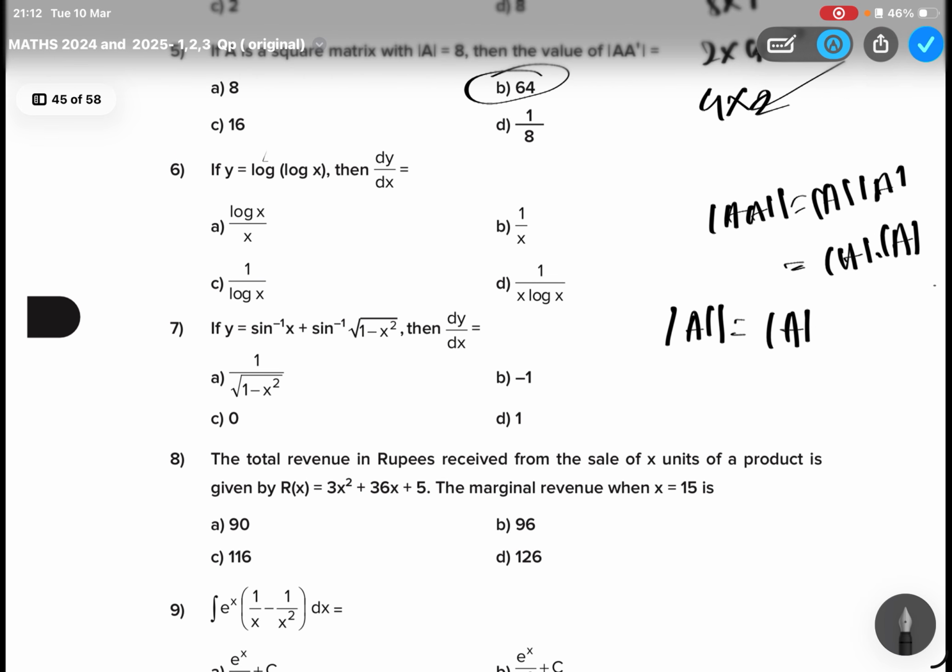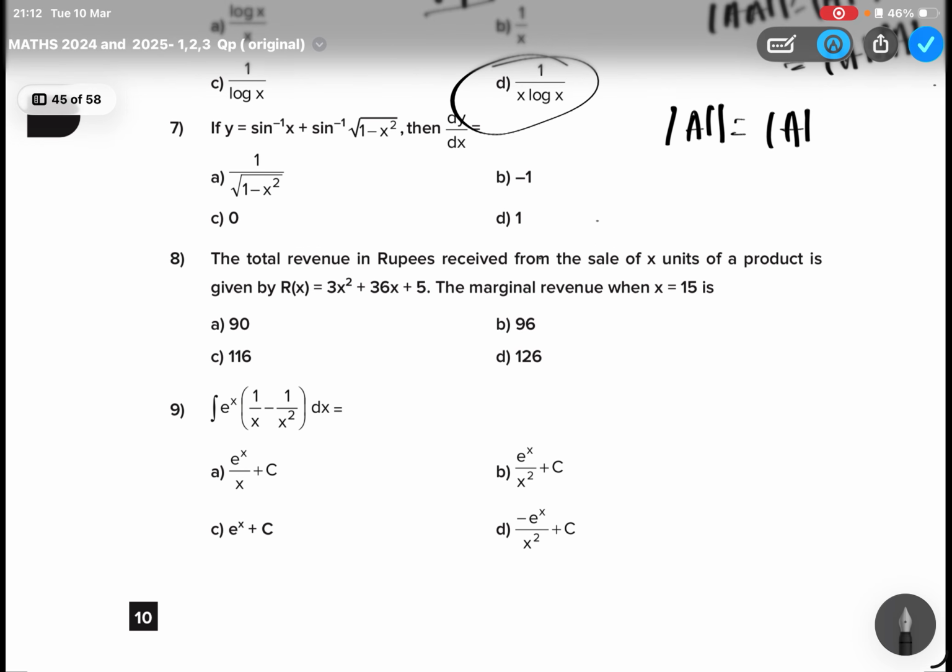Log of log x, it will be 1 by log x into differentiation of log x, 1 by x, so 1 by x into log x. Here y is equal to sine inverse x plus sine inverse of 1 minus x square, then divide by x. You can solve it separately also, the answer will be 0 only. Why?